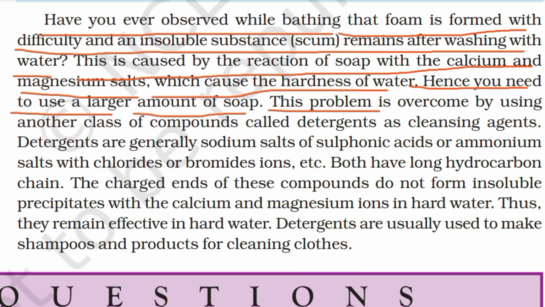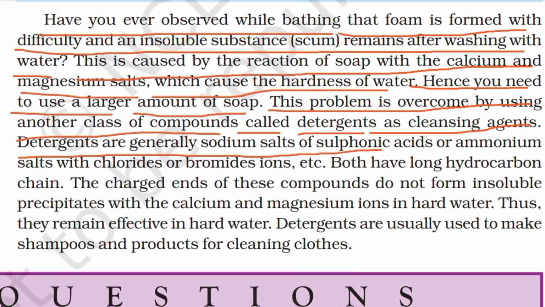This problem is overcome by using another class of compounds called detergents as cleansing agents. Detergents are generally sodium salts of sulfonic acids or ammonium salts with chlorides or bromides, ions, etc. Both have long hydrocarbon chains.